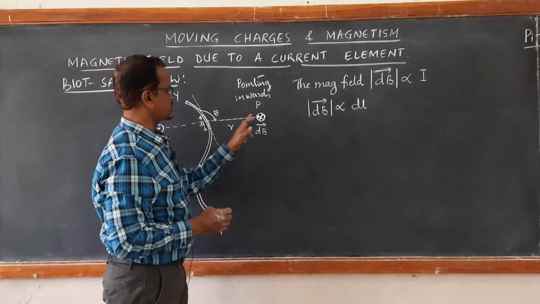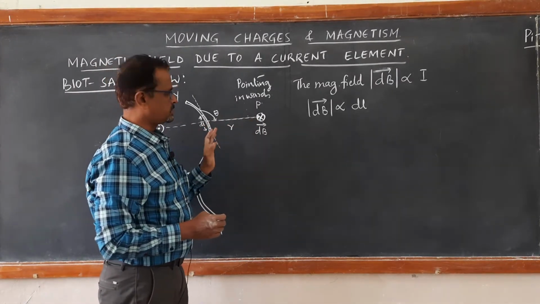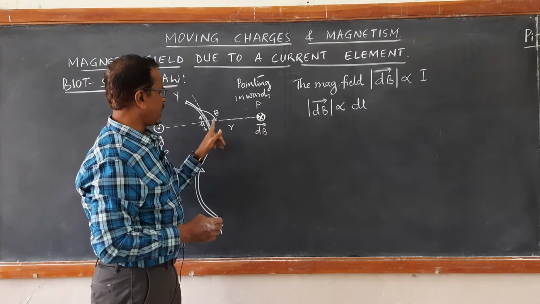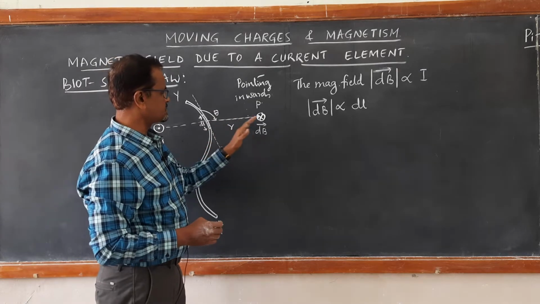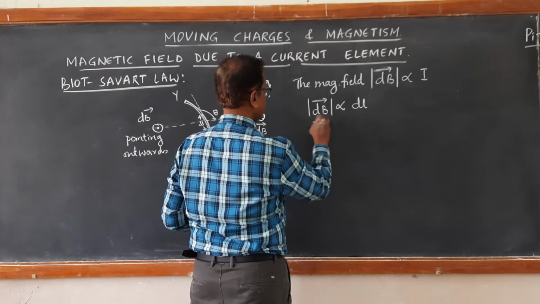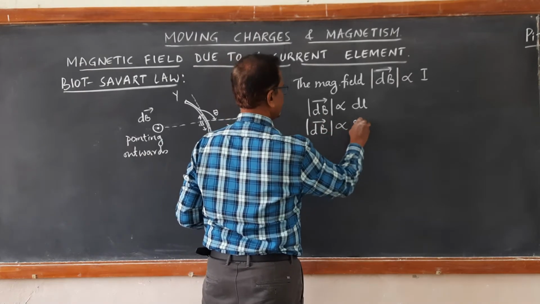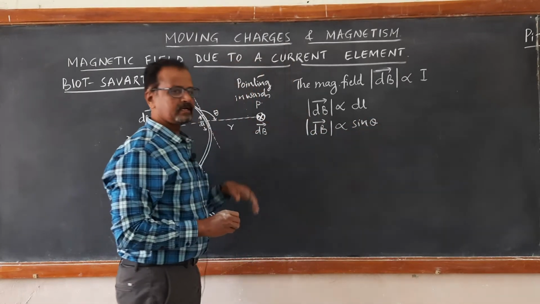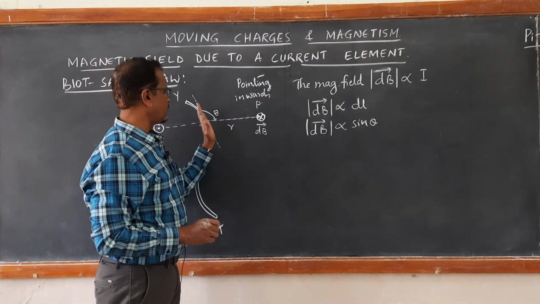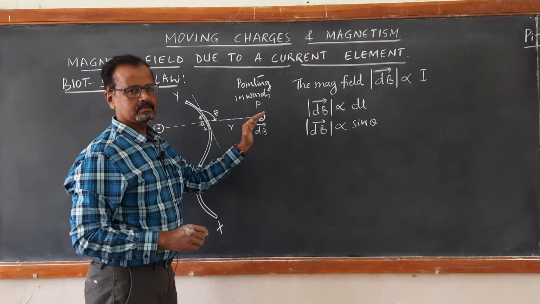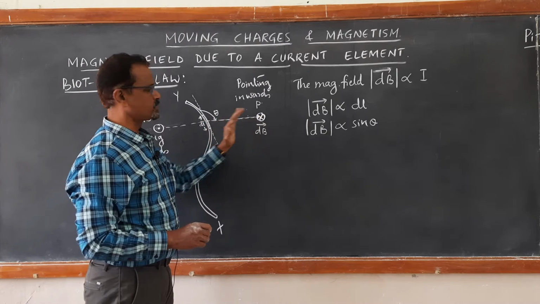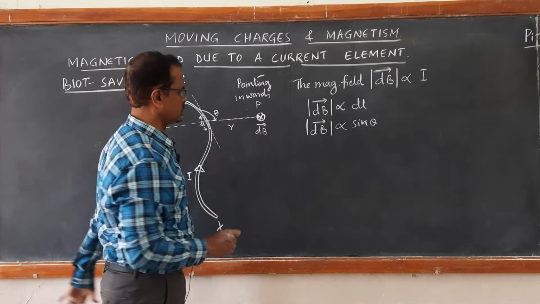P is the point at a distance r from the current element. This magnetic field also depends on the angle of orientation, so dB is also directly proportional to sin theta, where theta is the angle between the current element and the position vector of the point under consideration.